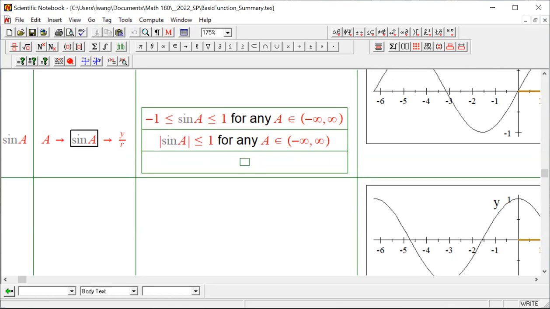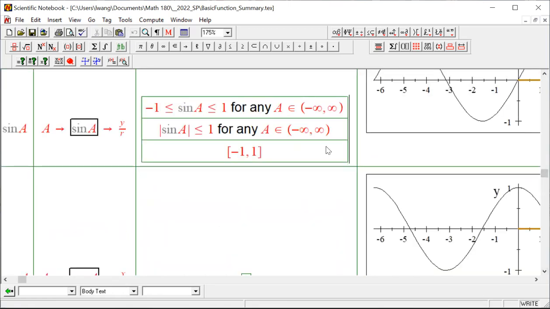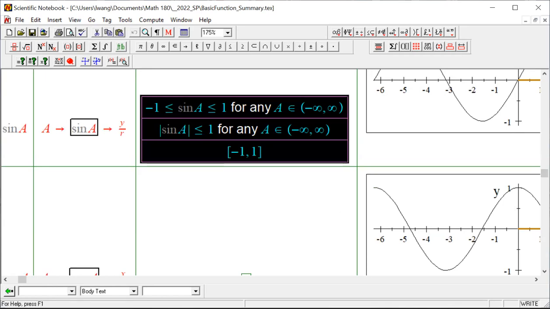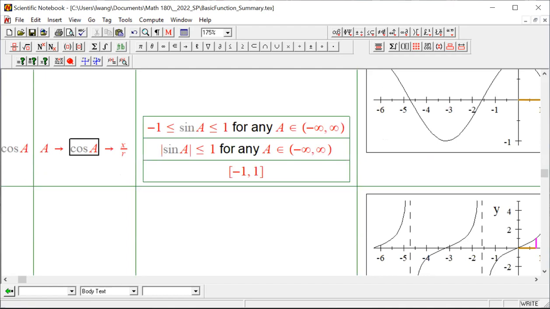The interval form, as we talked about, is the least useful. It is still useful, but it's the least useful algebraically. And for cosine, domain and range are the same.